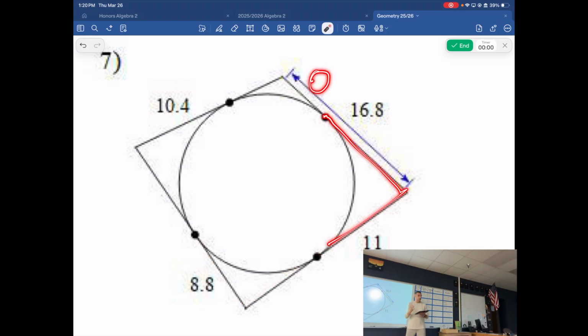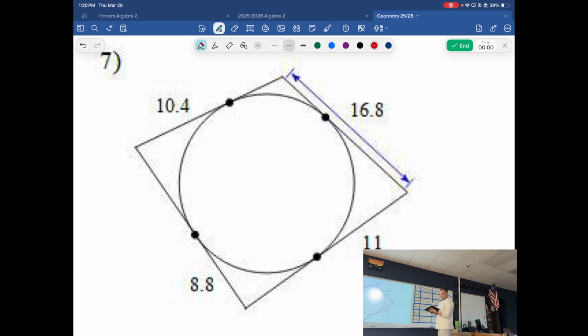So okay, now I know what I'm going to do, and I kind of have an order that I'm going to do it. So this is 10.4. This has to be 10.4. Has to be the same. This distance is 8.8. This distance has to be 8.8.